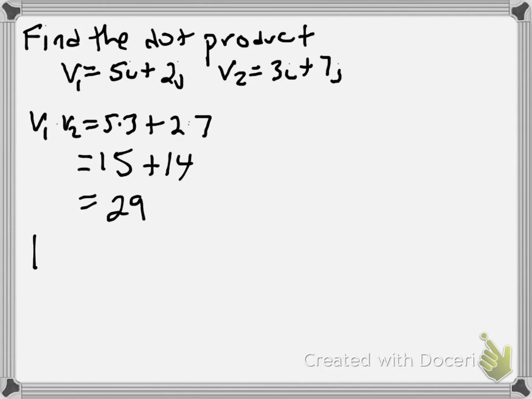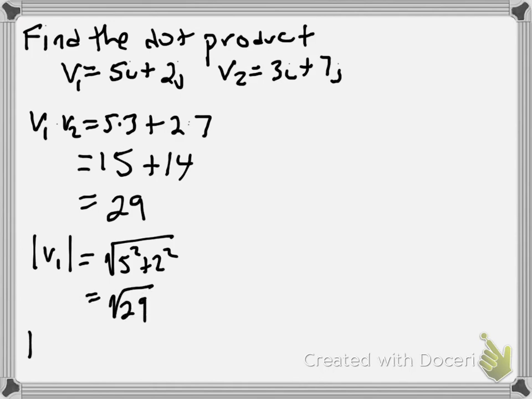The magnitude of the first one is the square root of 5 squared plus 2 squared, which gives me the square root of 29. And the magnitude of vector 2 is 3 squared plus 7 squared, which comes out to the square root of 58.